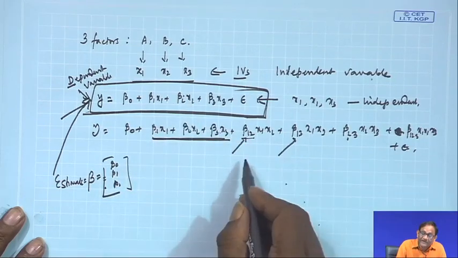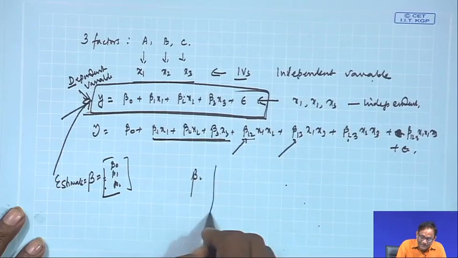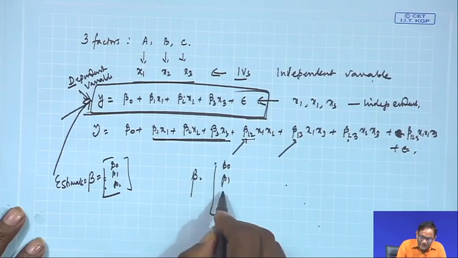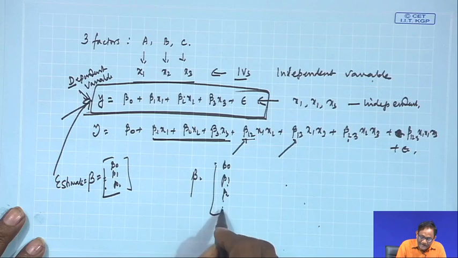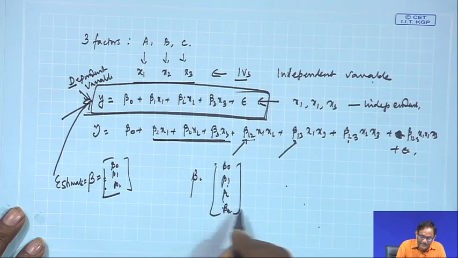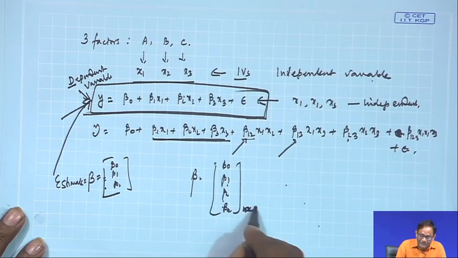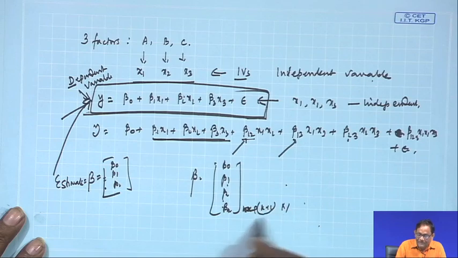With respect to general k variables, beta will be beta 0, beta 1, beta 2 up to beta k, a k plus 1 cross 1 vector.